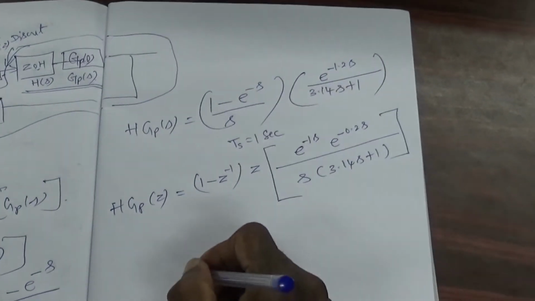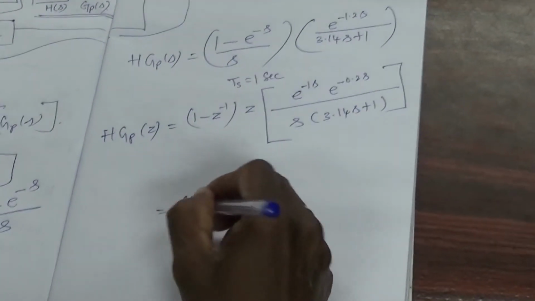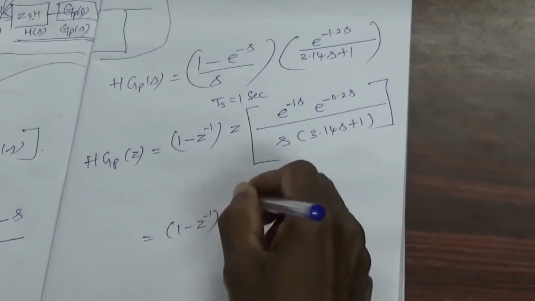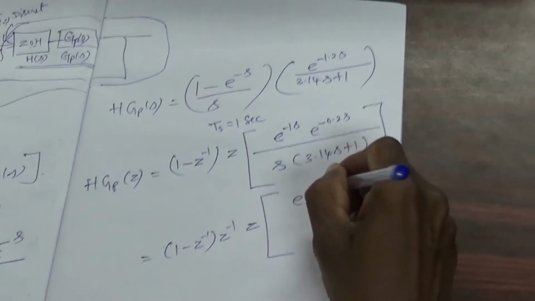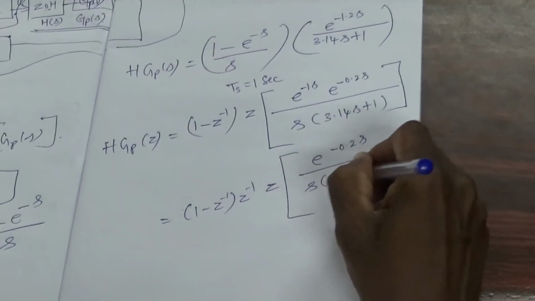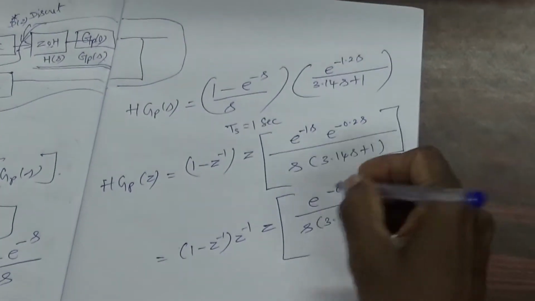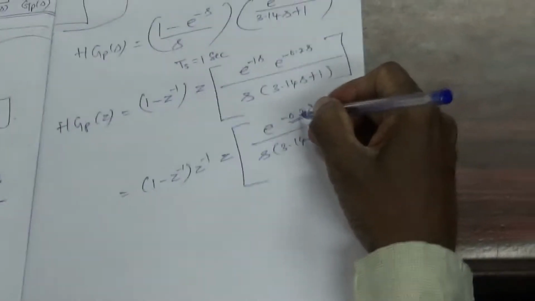So now this also can be taken outside. Therefore 1 minus z power minus 1, z power minus 1, the Z transform of e power minus 0.2 s upon s times 3.14 s plus 1. Here this 0.2 is a fraction of the sampling period, an intersampling period.